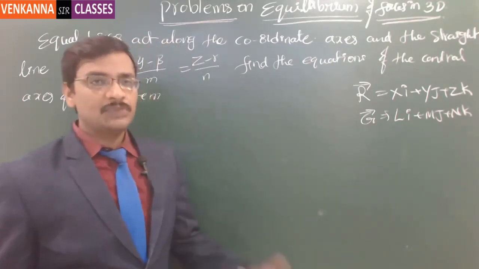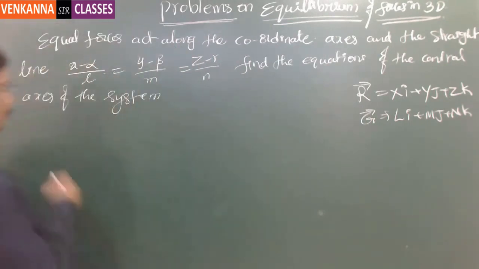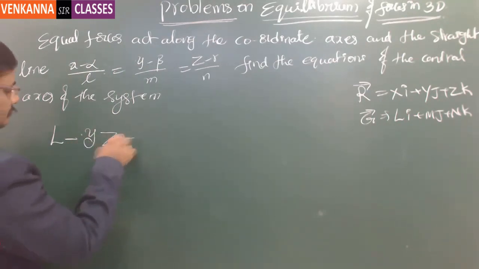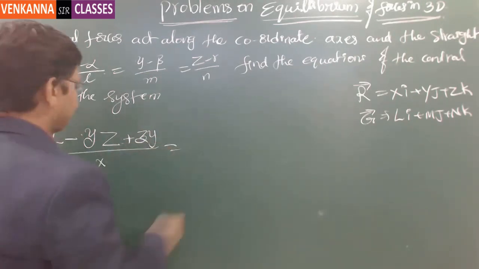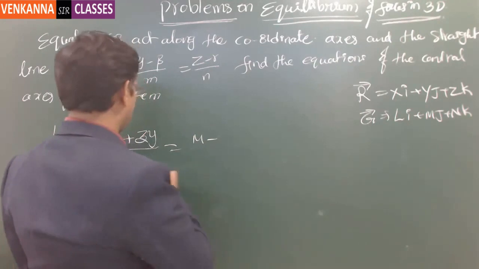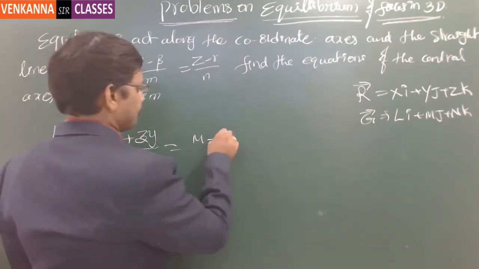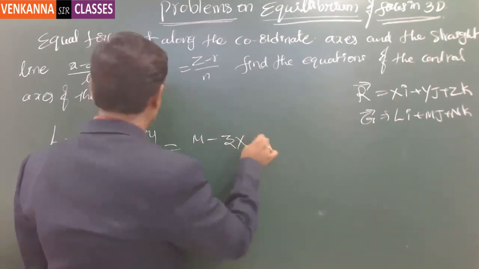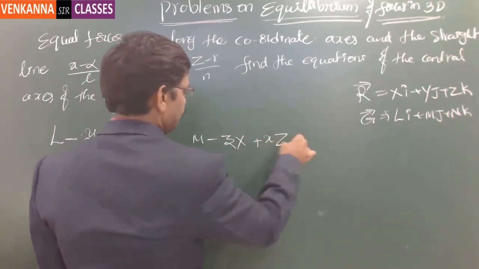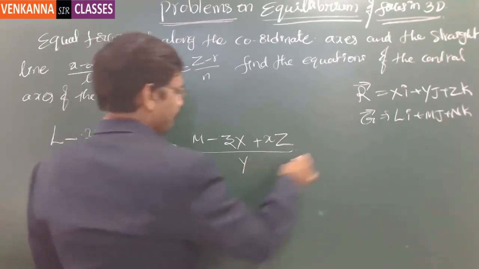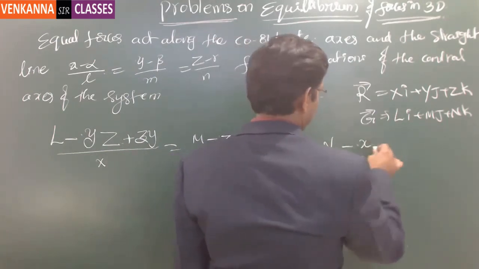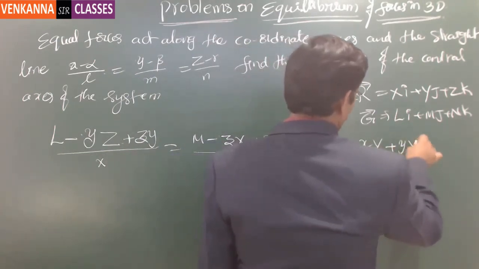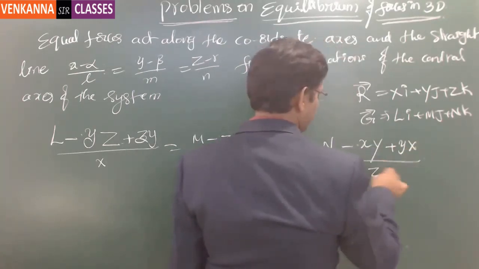for finding the equations of the central axis. Now the equation of the central axis is (L minus Yz plus Zy)/X is equal to (M minus Zx plus Xz)/Y is equal to (N minus Xy plus Yx)/Z, right?